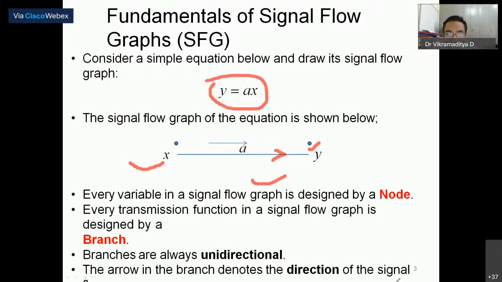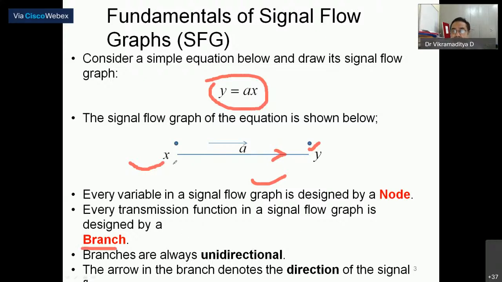So y is equal to ax is represented like this. From this equation, it is very clear that every variable in a signal flow graph will be designated by a node. So how many nodes will there be in a signal flow graph? The number of nodes will be equal to the number of variables involved in making that system. Now each node is connected to another node. Every transmission function in a signal flow graph is designated by a branch.